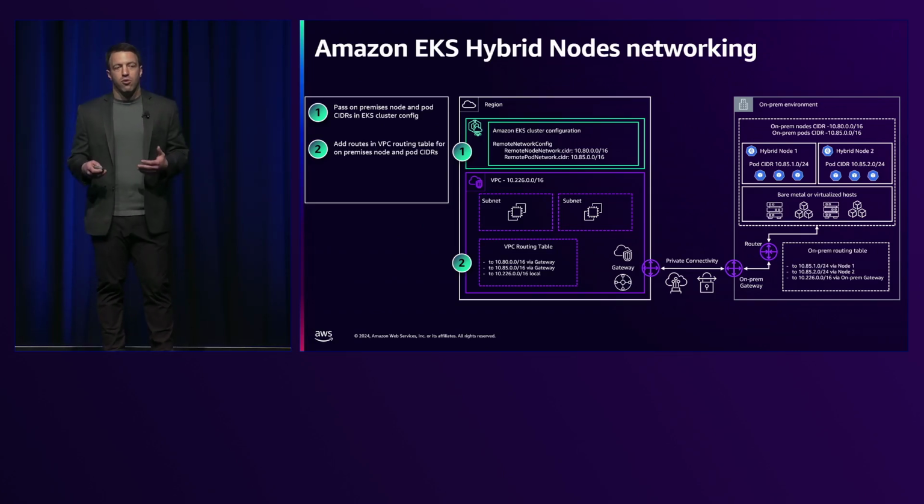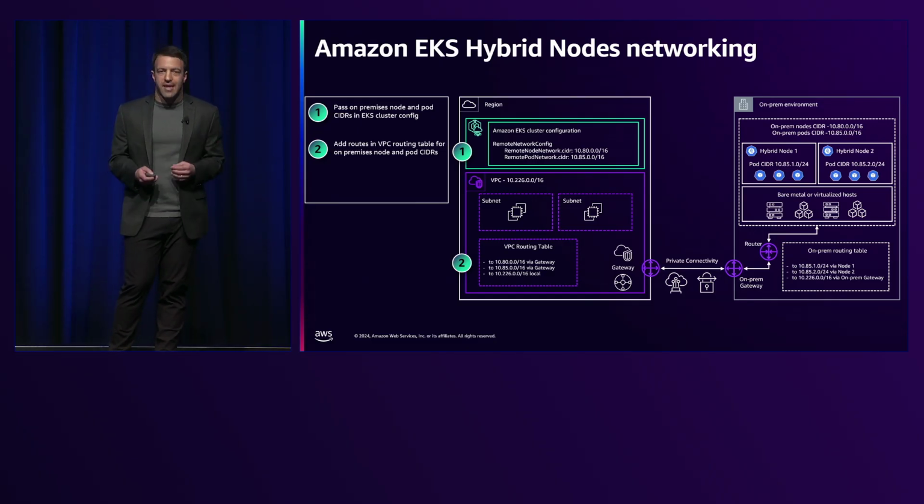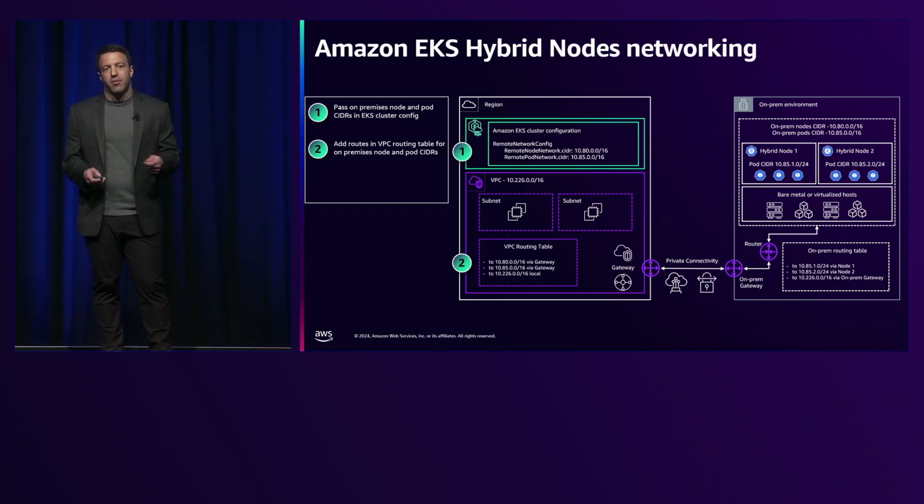The firewall rules protecting your data center, your edge location, need to enable bidirectional communication between the EKS control plane running in the cloud and your hybrid nodes running on-prem. And you'll also need to add forwarding rules to your on-prem routing table for your hybrid node and pod CIDRs.